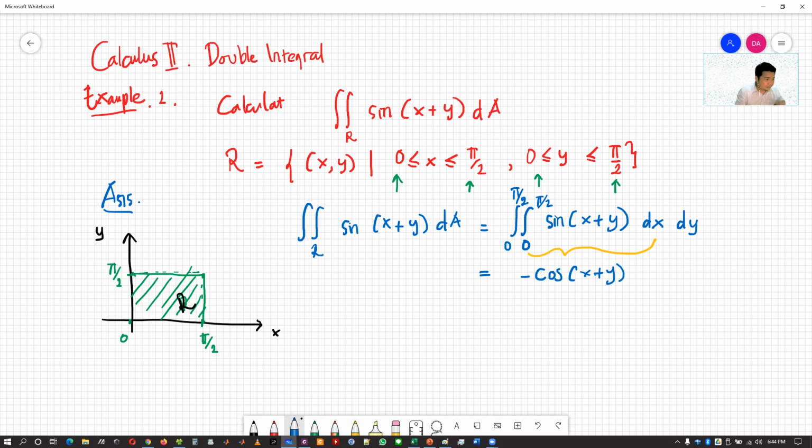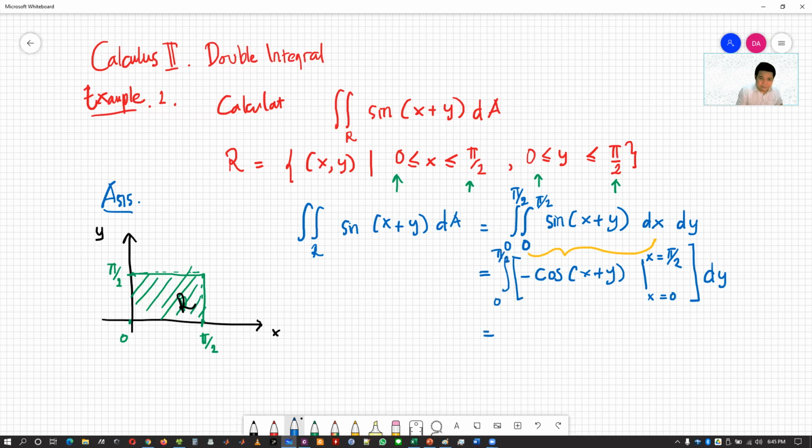Then I integrate x from 0 until pi over 2, and then dy, with y from 0 to pi over 2.